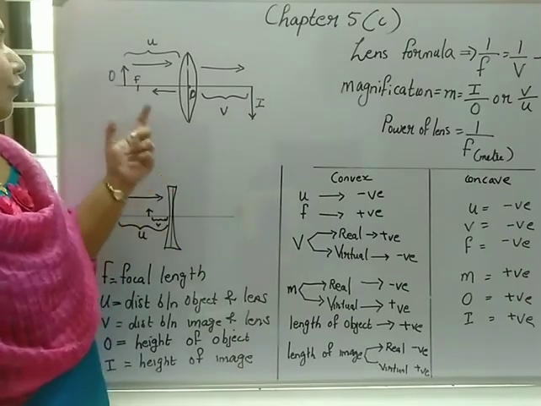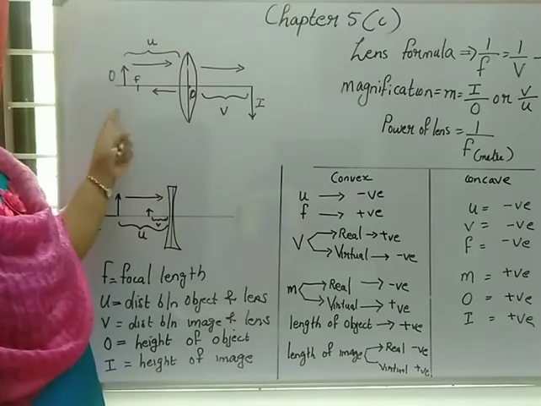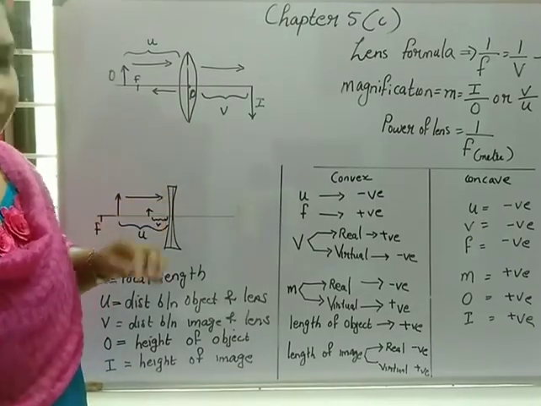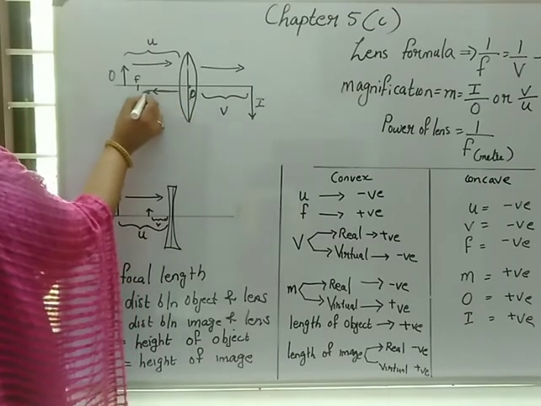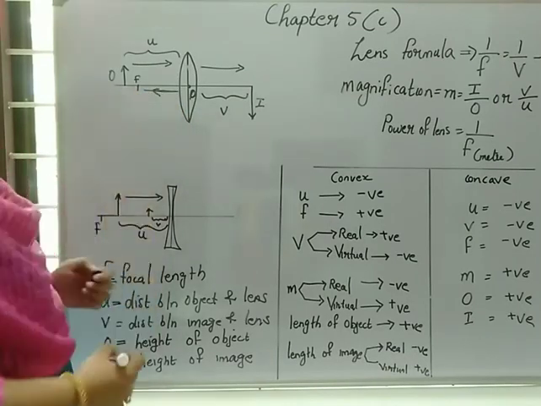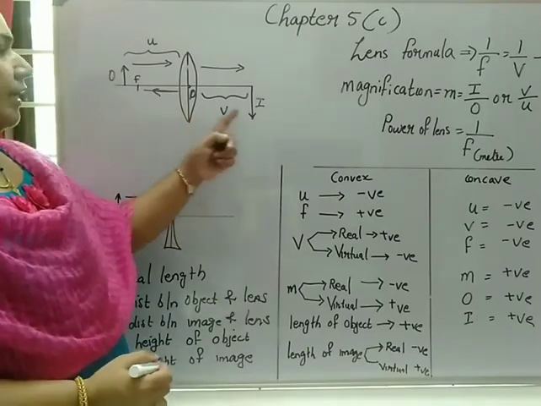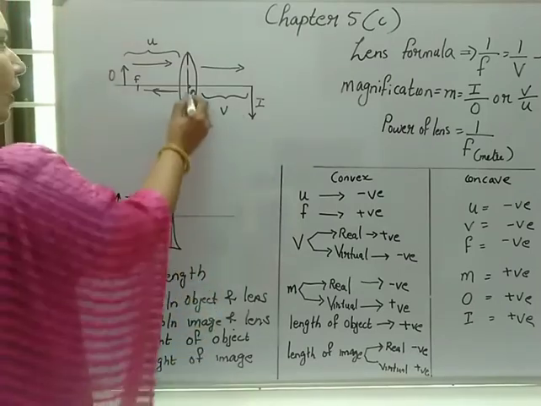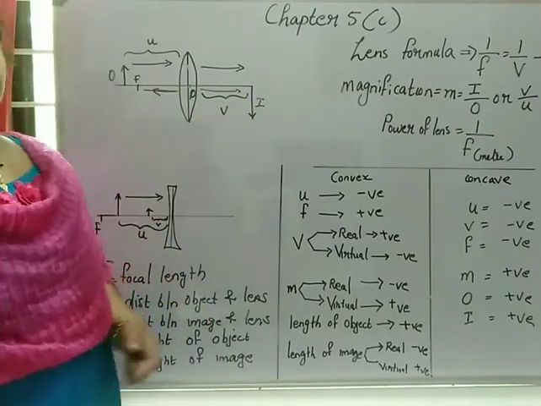That means if we want to measure the distance between lens and the object, we should measure in this way, from the optical center to the object. If we want to measure the distance between the lens and the image, from optical center, measure in the forward direction.